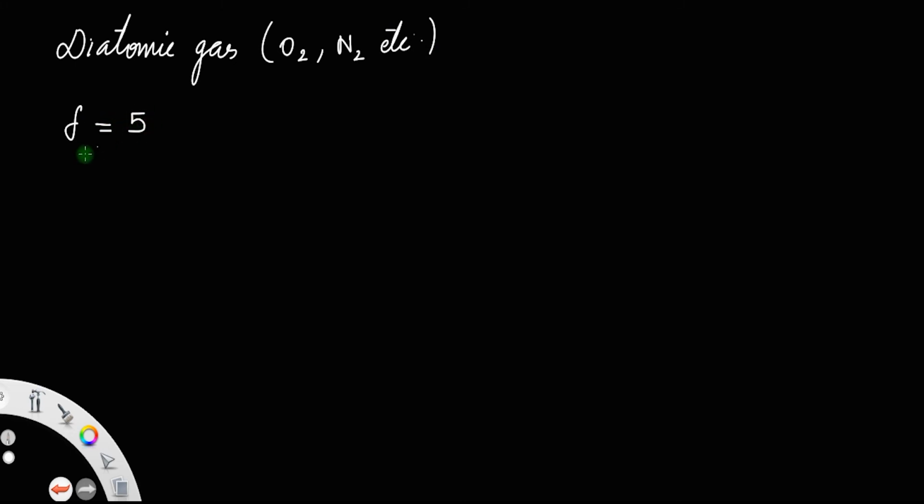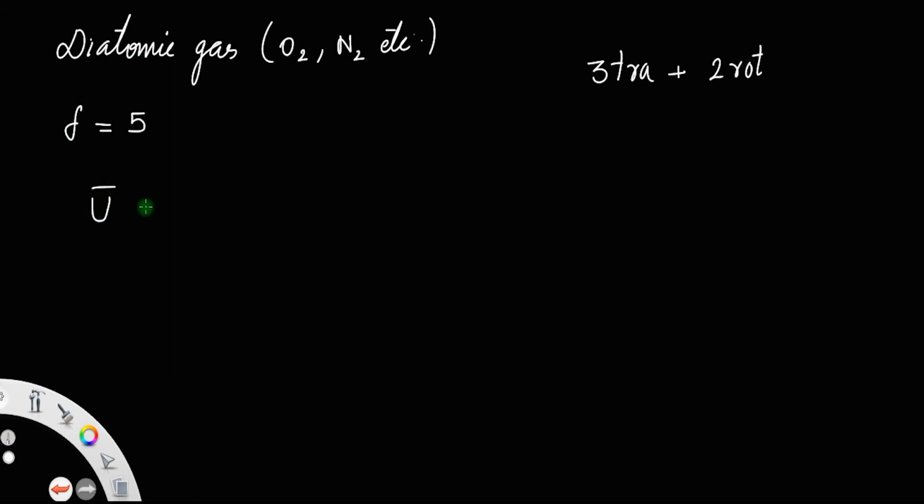Now let's find out the specific heat ratio of diatomic gas. For diatomic gas like oxygen, nitrogen, etc., we have degrees of freedom F equal to 5, which means 3 translation plus 2 rotation. I'm not talking about the degrees of freedom in this session. Anyway, diatomic gas has 5 degrees of freedom. Clear?